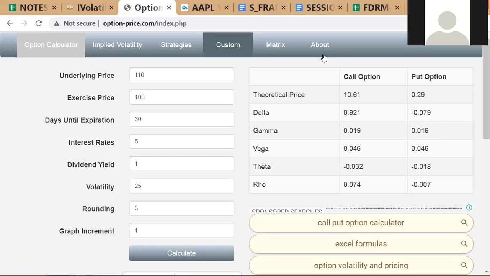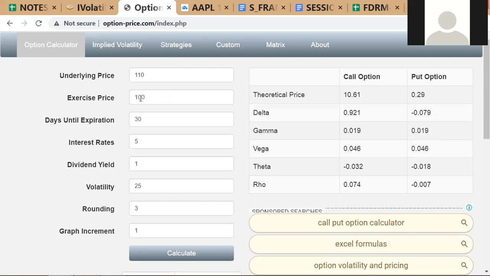Instead of remembering the formula, underlying minus strike price for calls and strike price minus underlying for puts, that's kind of mechanical. You have to understand intrinsic value means I have to ask myself, how much money can I make in terms of positive profit by exercising the option and then immediately squaring the position in the underlying market.